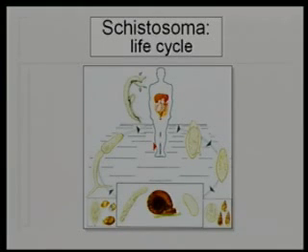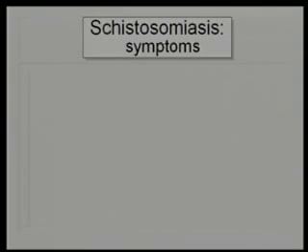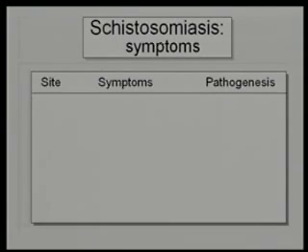they penetrate the skin, and from there they migrate to either the connective tissue of the intestine or the connective tissue of the bladder or blood vessels, and produce symptoms related to that.